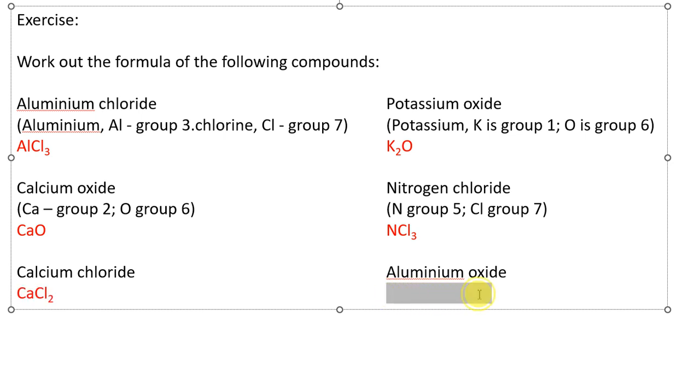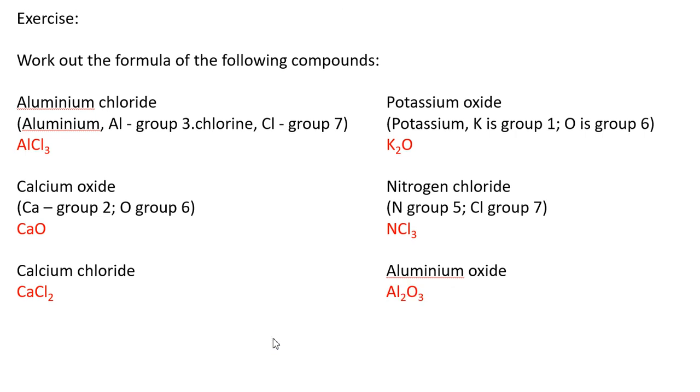And everyone's favorite, aluminium oxide. Aluminium group 3 makes Al3+. Oxygen group 6 makes O2-. Balance the charges. Al3+, O2-. I need 2 of my aluminiums to give me 6+ overall. I need 3 of my oxygens to give me 6- overall. That balances. We're done.